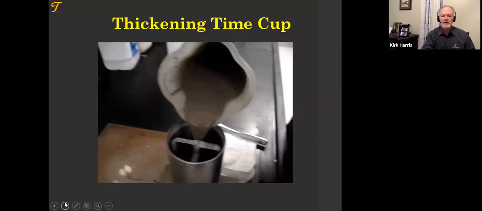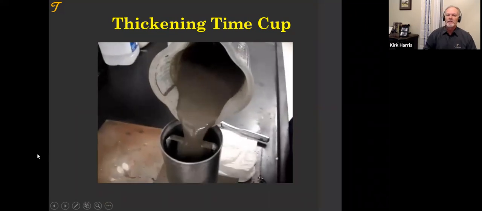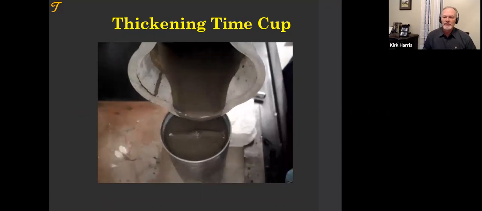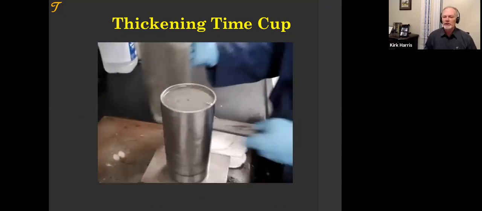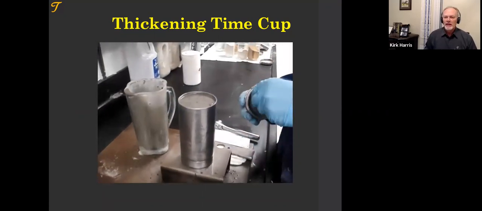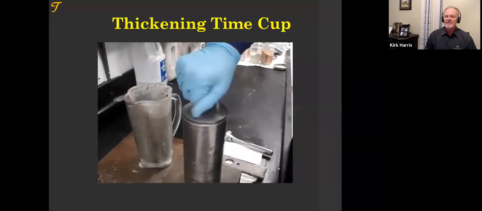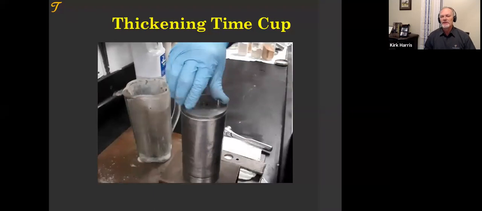I don't know if you can hear this, but let's fill up our slurry. We obviously have to make noise while we do this. Again, quite routine. We're beating the air out of the blend, and then we're going to fill it up the rest of the way and put the cap on top.